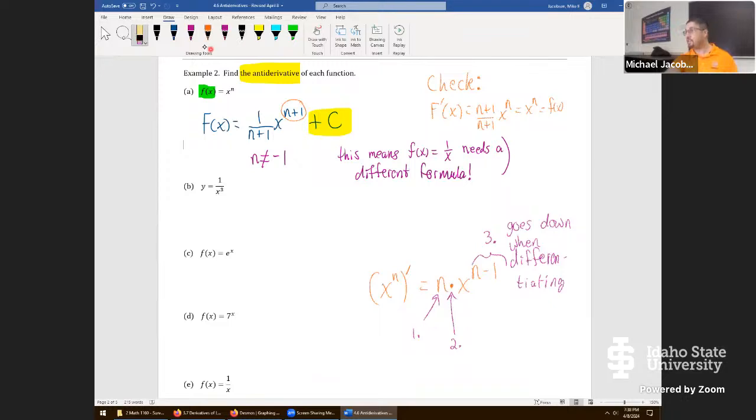So watch out for that exception. It could come in this form, f of x equals 1 over x, or it could just be written as x to the power of -1. But either way you look at it, the value of n is -1, and that doesn't fly right here. You still cannot divide by 0, even if it's a formula for differentiation.